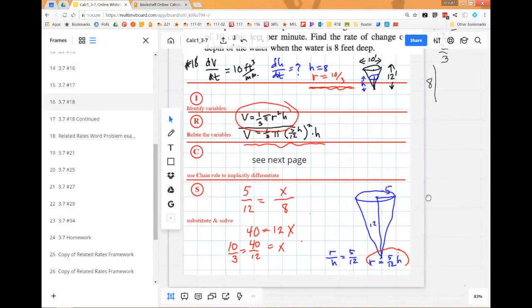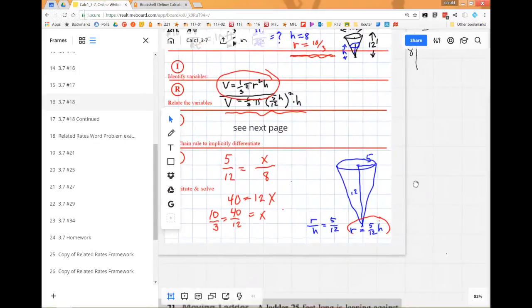So if you look at this figure at the bottom right, here's a picture of the original cone. All right. Diameter is 10, so the radius is 5. The height, as we know, is 12. So we've got this little right triangle, 5, 12. The radius is 5. The two legs are 5 and 12.